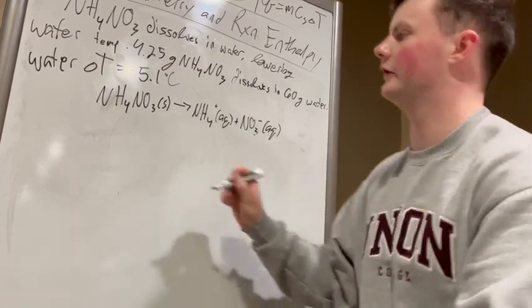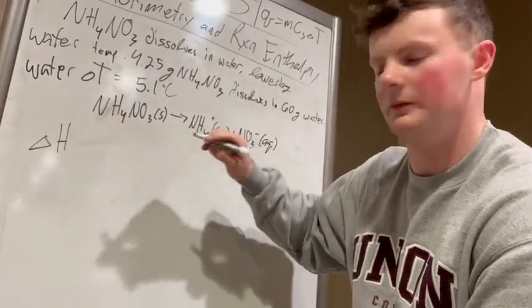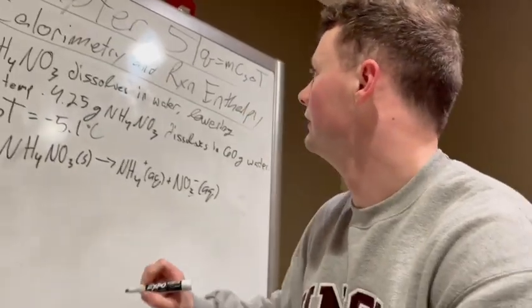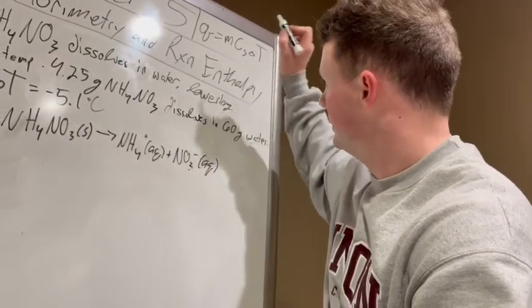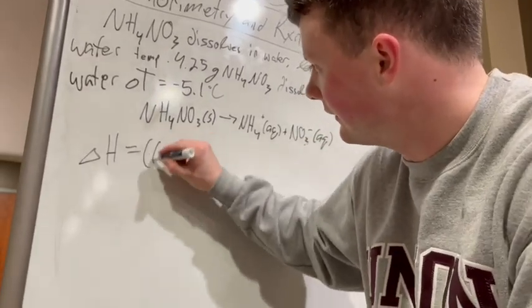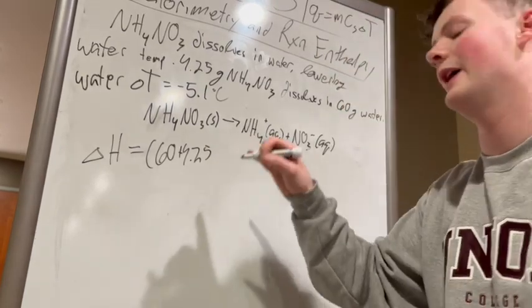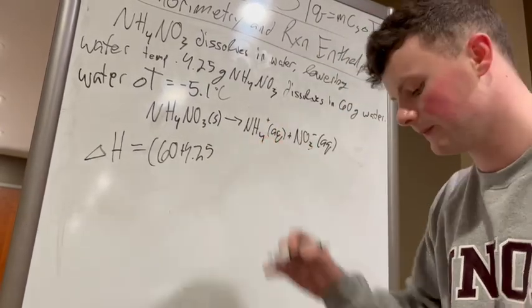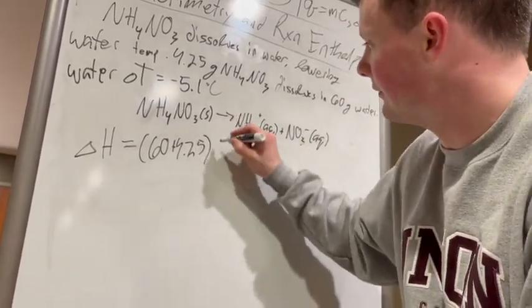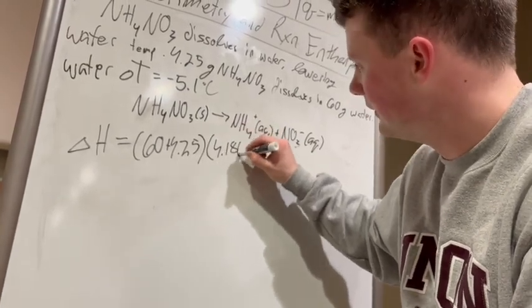So first thing we're gonna do is go with the overall system's change in heat. And we're gonna use our trusty equation up here, MCAT. We're gonna do 60 plus 4.25. It's important to remember to add the mass of the chemical. And multiply this by the specific heat of water, which is always given, 4.186.